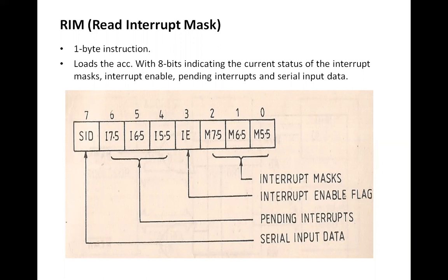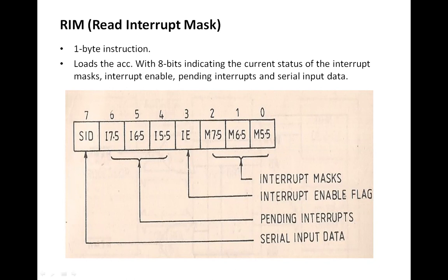Here you can see, bit D0 represents 5.5, bit 1 represents 6.5, bit 2 represents 7.5, bit 3 represents the interrupt enable flag, bits 4, 5, 6 represent the pendency of the interrupt, and serial input data is represented by D7.